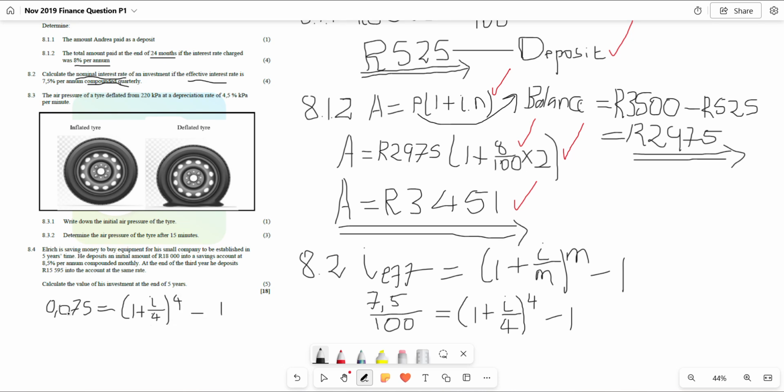Then now we see 0.075, and this one on the right hand side, they are like terms because both of them are numbers. Then we are going to take 1 and bring it to the left hand side so that we are able to add the two.